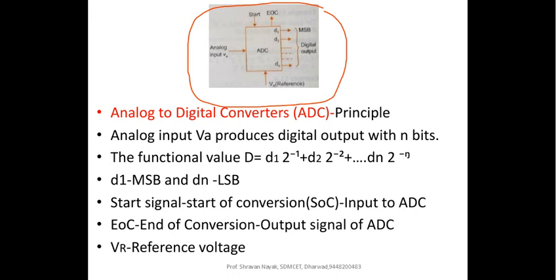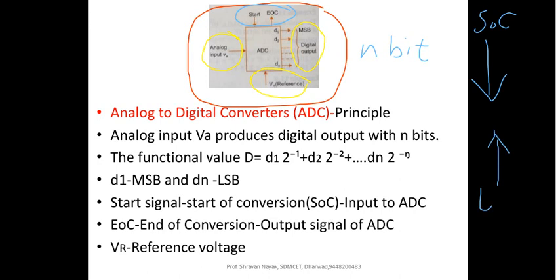If you observe carefully, you have an analog input VA, a reference signal, and its equivalent digital output, which is an n-bit digital output. Then two signals: one is the start signal, or start of conversion, which is the input signal to your ADC, and another is the end of conversion, which is the output signal from your ADC.